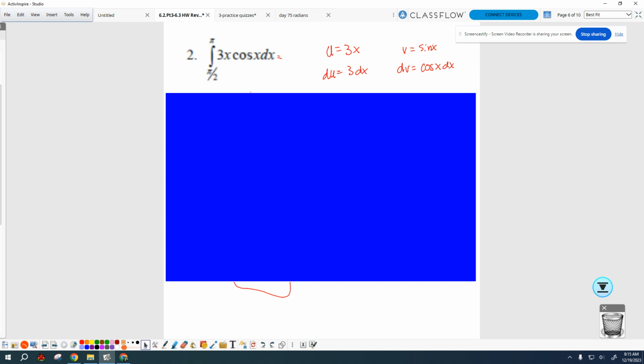I can't choose a u value whose derivative is going to be there. So it's going to be a product, that's integration by parts, and I need to figure out what's the u value, what's the v value.